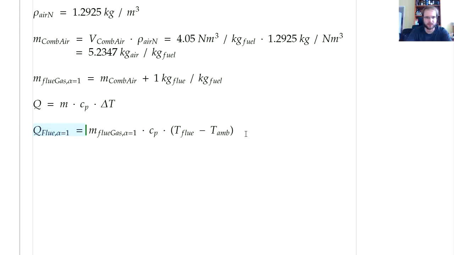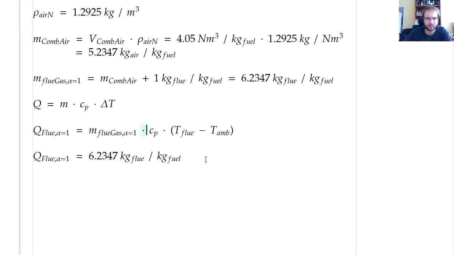So now let's put there the numbers. The flue gas was combustion air plus 1, so let's have it also here for completeness, 6.2347 kilogram of flue gas per kilogram of fuel, multiplied by 1.005 kilojoules per kilogram Kelvin, and multiplied by the temperature difference.